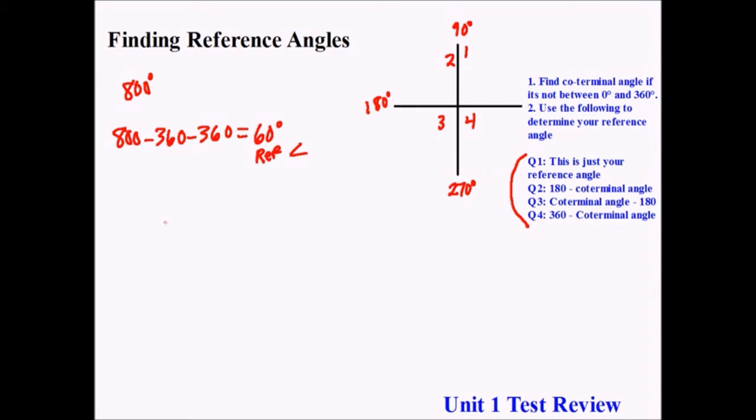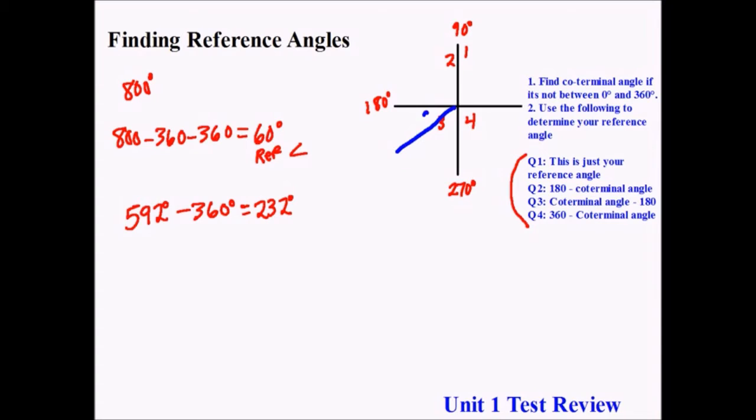If I have something like 592 degrees, I still have to find the coterminal angle. So you subtract 360 degrees and you get 52. No, not 52. I hope it's not 52. No, it's 232 degrees. 232 degrees happens to be in quadrant 3 because it's after 180.